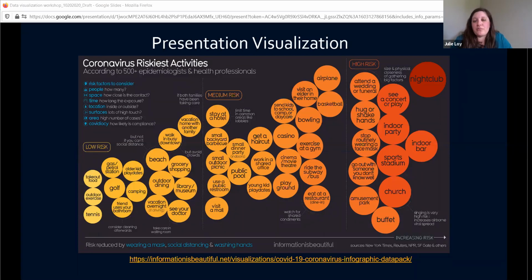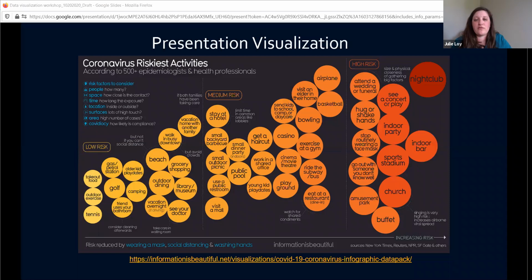This right here is a pretty basic infographic that was created by David McCandless. He is from the UK, and he has a website called Information is Beautiful. I encourage you all to check it out. He's just taking data and creating these visualizations.